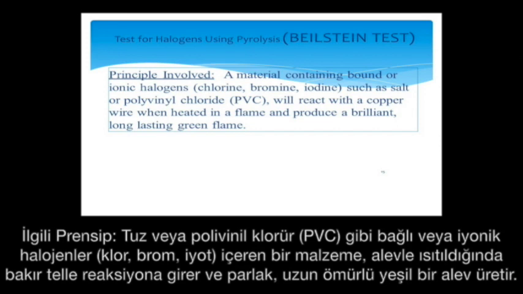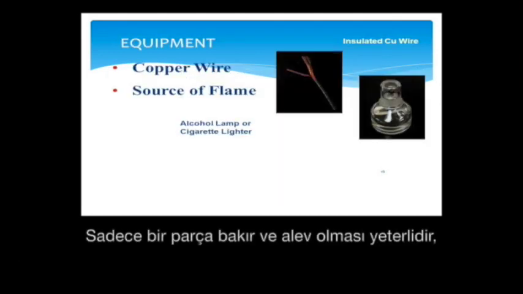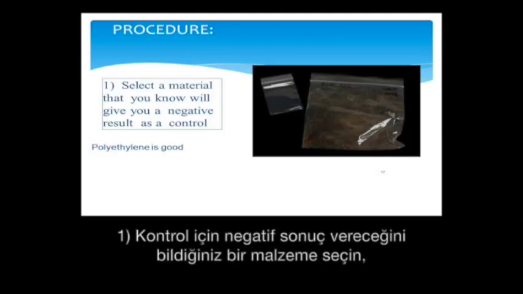Principle: a material containing bound or ionic halogen, chlorine, bromine, iodine, such as salt or polyvinyl like PCB, PVC, will react with the copper wire when heated in a flame and produce a brilliant, long-lasting green flame. You need to have only a piece of copper and a flame.